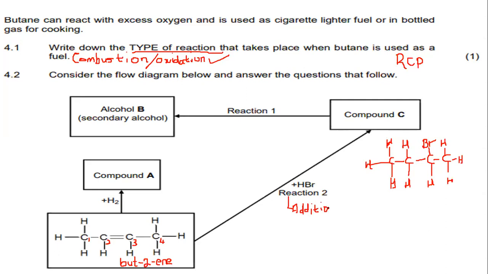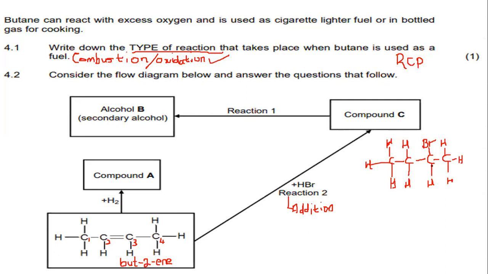Number one, in my reactant, I had a double bond, but the product doesn't have a double bond. So I have broken the double bond altogether. So that is addition. Secondly, on carbon 2, I only had one hydrogen. On carbon 3, I had one hydrogen. But now on carbon 2, I have a bromine.